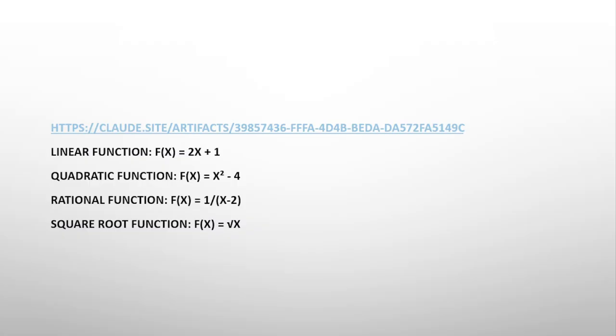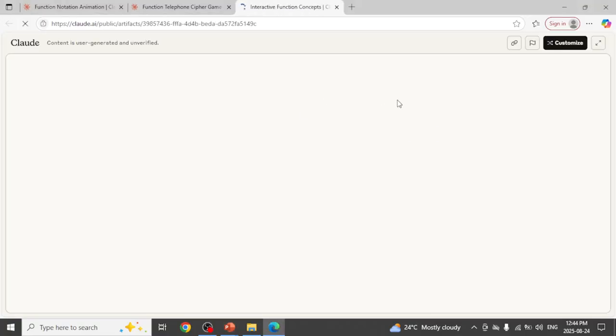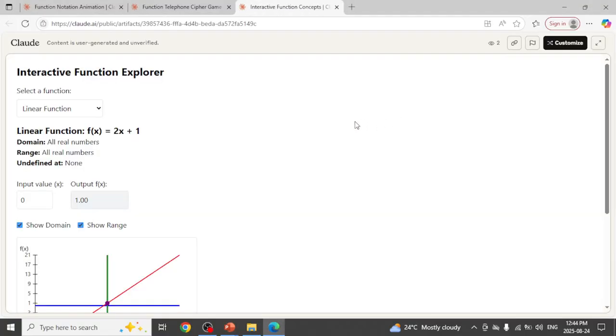I have another interactive link. Here it is. So here I just put four common functions that we use in everyday life. We can see them as different flavors: linear function, quadratic function, rational function, and square root.